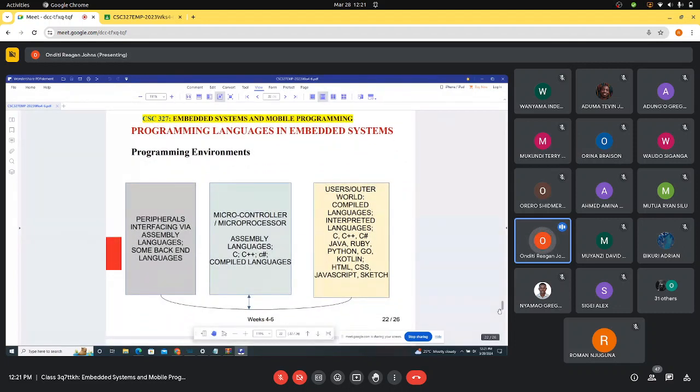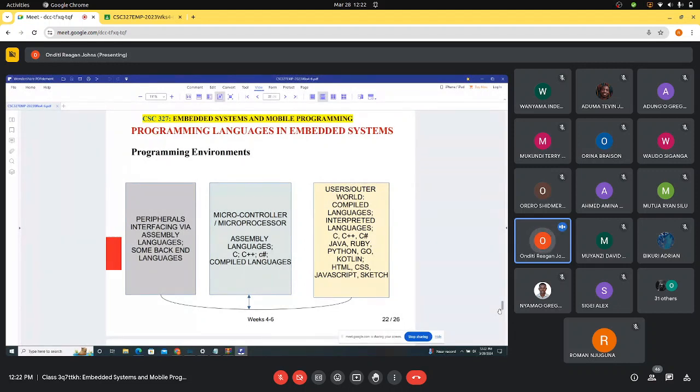The programming environment: you have the peripheral interfacing via assembly language. Once that is done, then we have the microcontrollers, the microprocessors, assembly language, and the user outer world, with compiled languages, interpreted languages, C++, and so on.